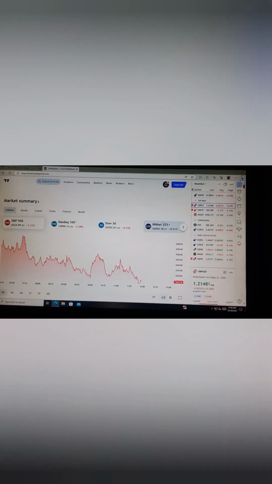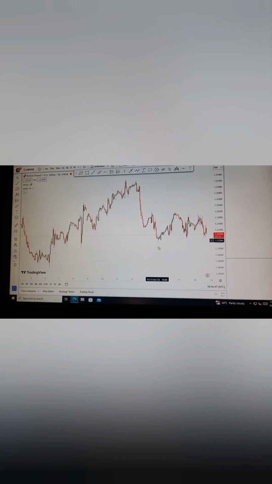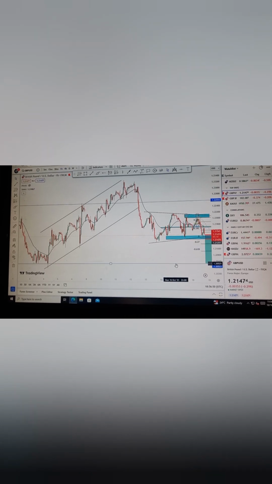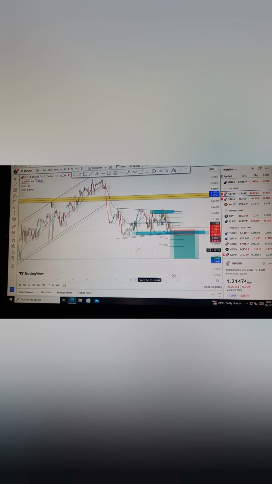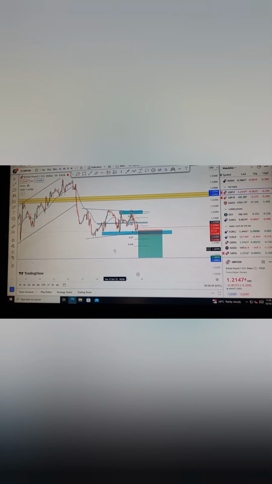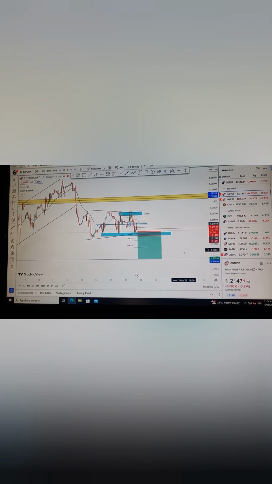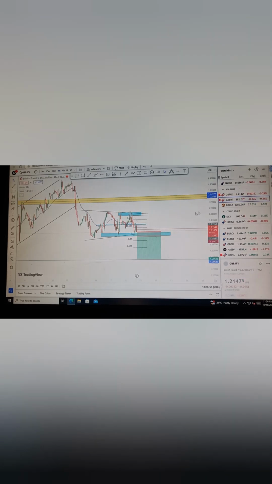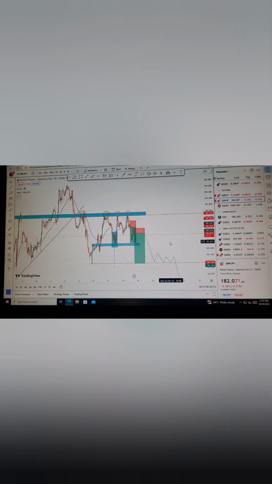I'm going to show you examples on GBP JPY. This is GBP USD. Let's go to GBP JPY.